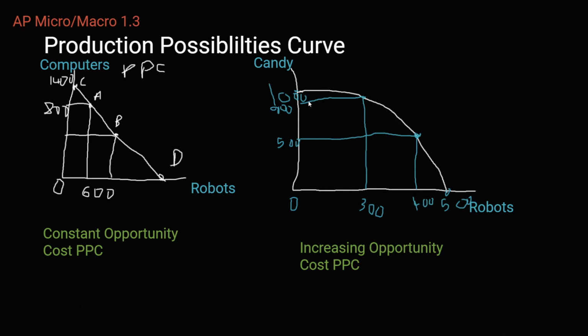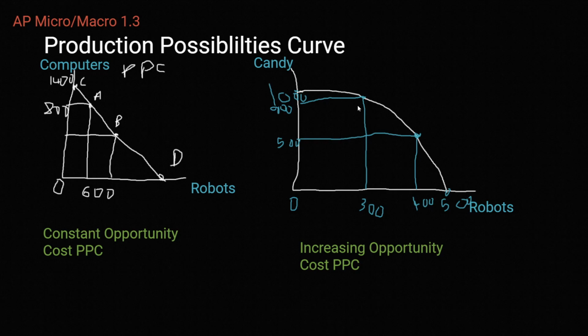So if we have some people working at the candy company who are really good at making candy, and some people that are really good at making robots, and we're producing here, and we say okay, we're going to send the people who are really good at making robots but are bad at making candy, and we jump over here. They're not making candy, so we lose a little bit, but they're really good at making robots, so they can make a lot more robots.